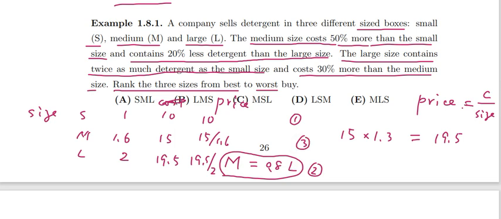So we say that for the best buy, we should buy the middle one, then the large one, then the smaller one, according to the price, right?